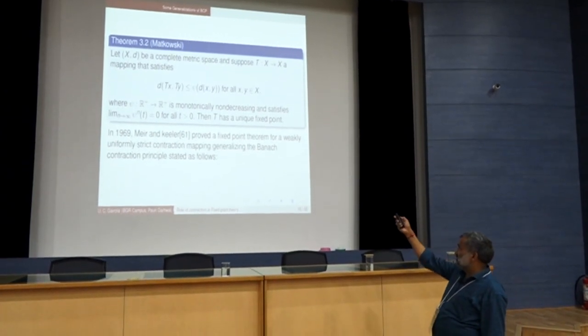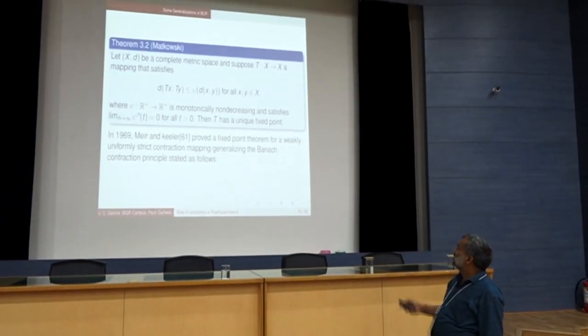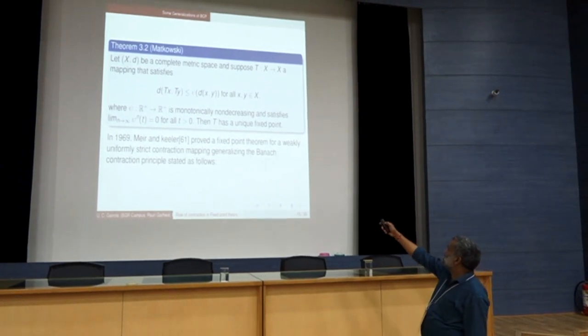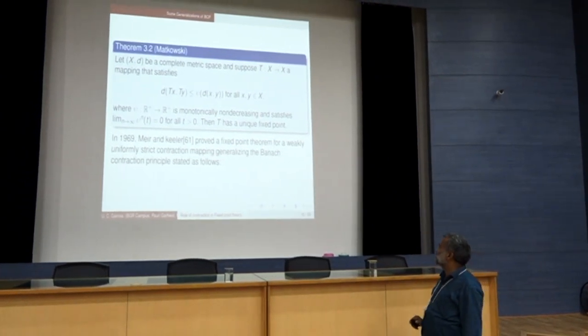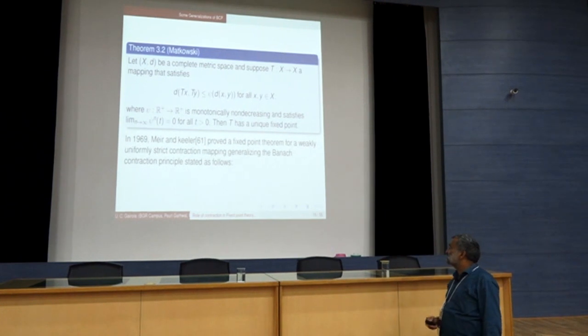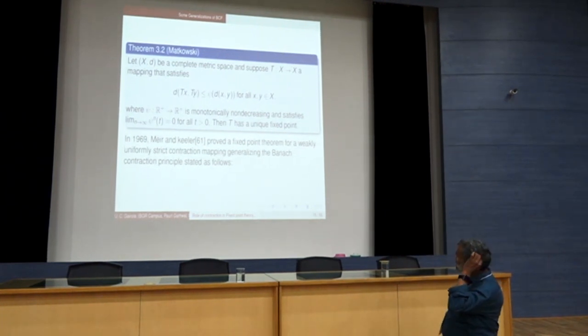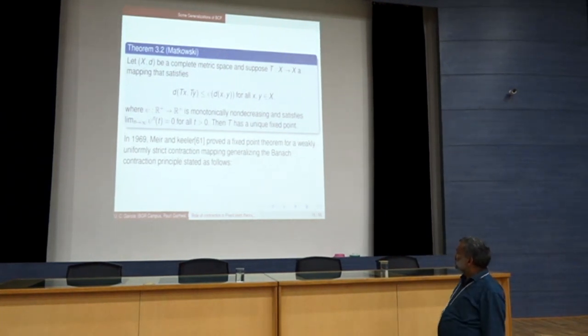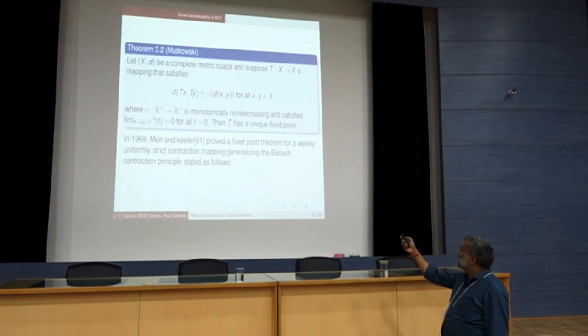The theorem of Matkowski is as follows: if X is a metric space and the contraction condition is defined like this, using the function psi in place of K, where psi^n(t) tends to 0 as n tends to infinity, and t is greater than 0.